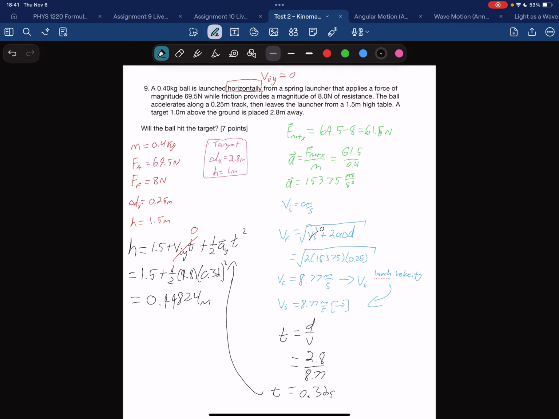Now this is a real target. It's not a single infinitesimally small point. If it was, then of course it would miss, because this isn't exactly 1 meter. But I will round this up and say that h equals 1 meter at that time.